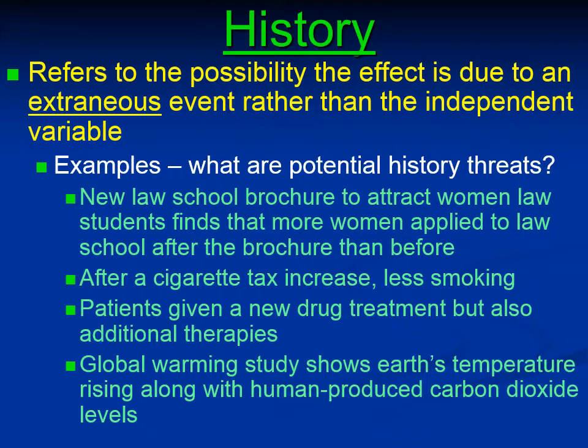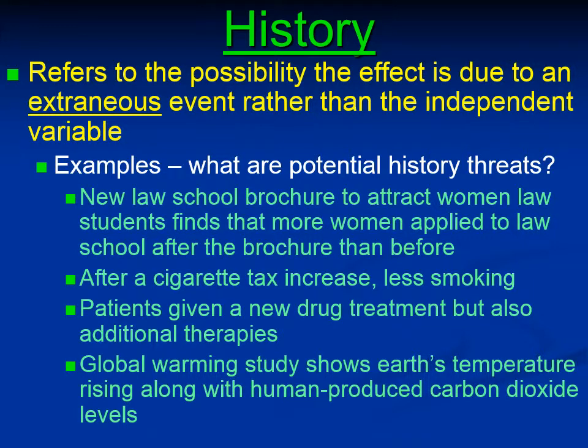So, for example, the first one on the slide here: let's say you're studying a new law school brochure that was specifically designed to attract women law students. And let's say the researchers find that more women did apply to law school after the brochure than before. So the question is, what might the history threat here be?